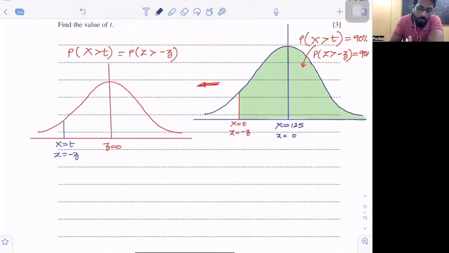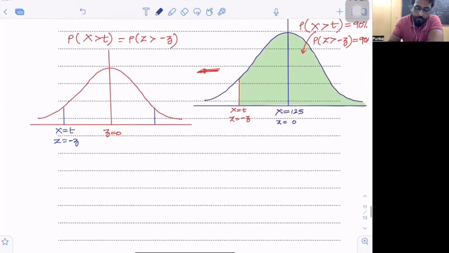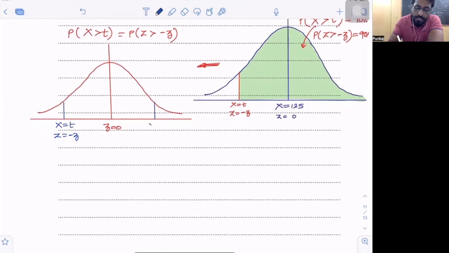Now there will be a counter value to this over here, placed at the exact same distance. This is going to be x equal to some new value. Maybe I can call this value small x, right? But for this value, z is going to be plus z because it is exactly at the same distance.